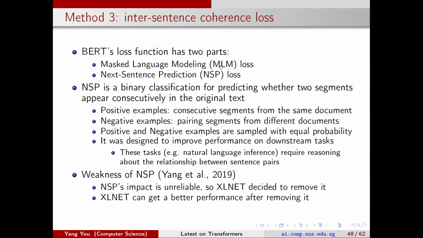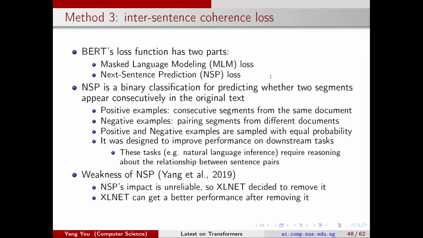If you don't remember this, please review the first paper, or you can find many videos. We know the masked language model loss function is very efficient, so let's just talk about NSP today, the next sentence prediction loss.